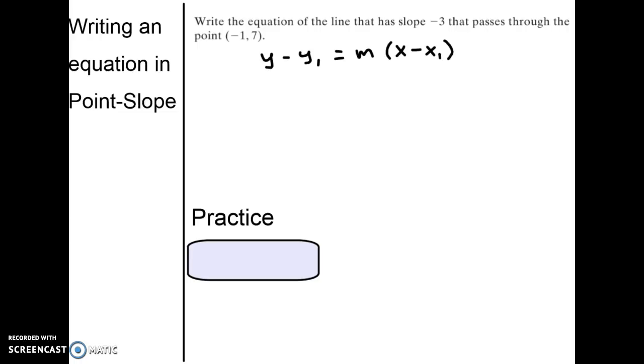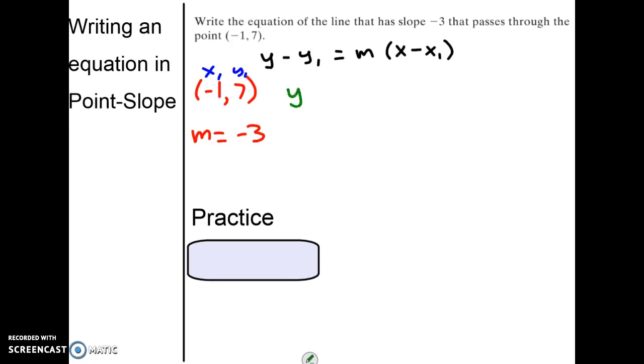They're giving us the point (-1, 7) and the slope of -3. What I like to do is take that point and make sure we know this is x1 and this is y1. Now we can just plug things in to our equation, replacing the variables with the numbers.